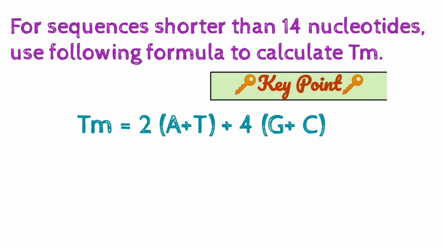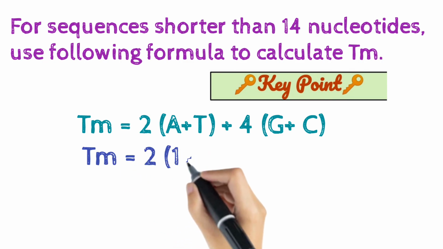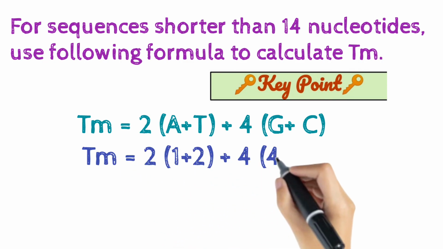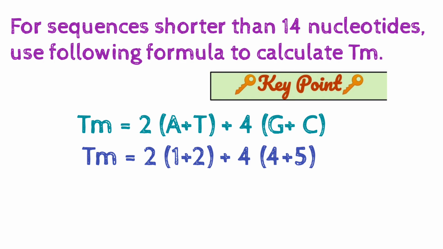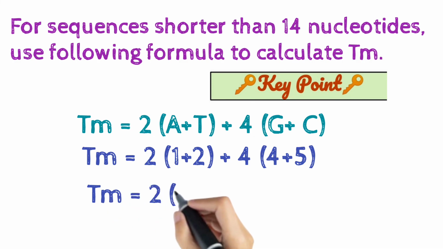Tm is equal to 2 in bracket A plus T, bracket close, plus 4 in bracket G plus C, bracket close. Now you need to know the number of A, T, G and C, so count them in the given sequence. A is 1, T is 2, G is 4 and C is 5. Put those values in the equation.